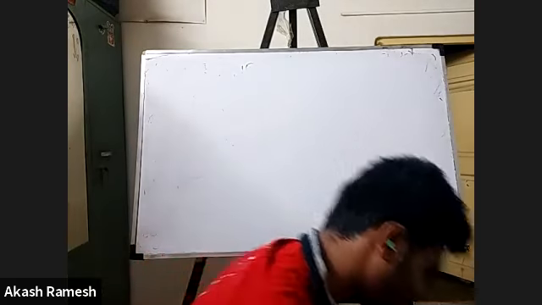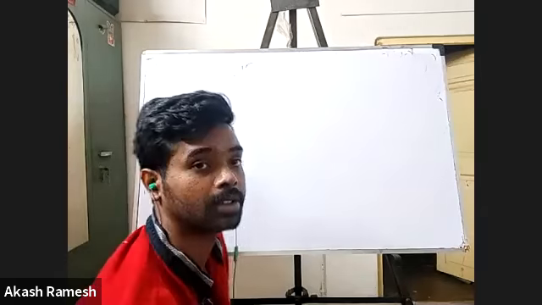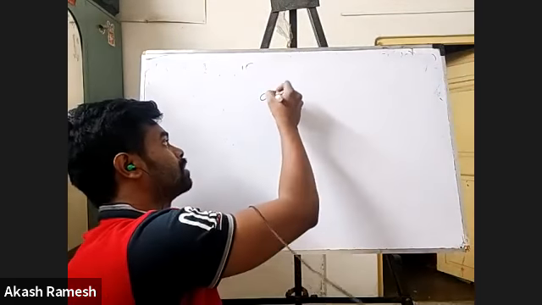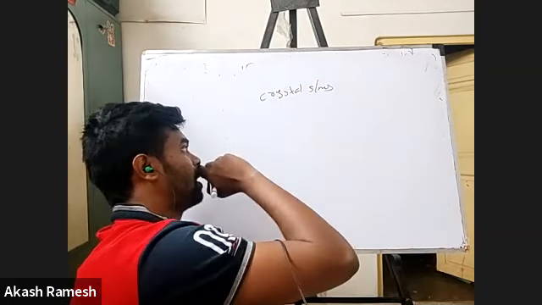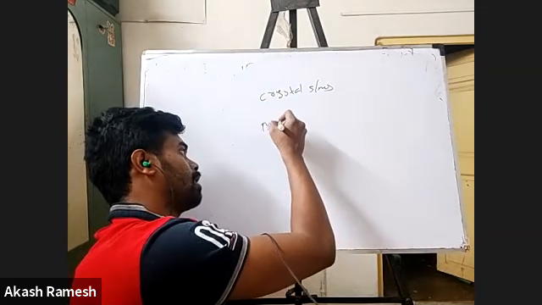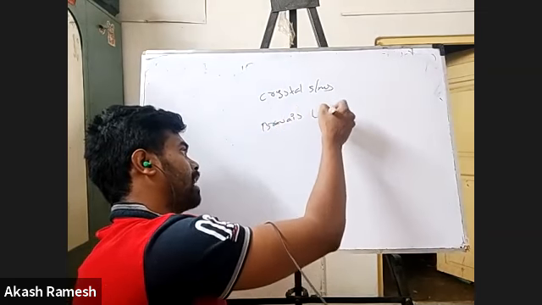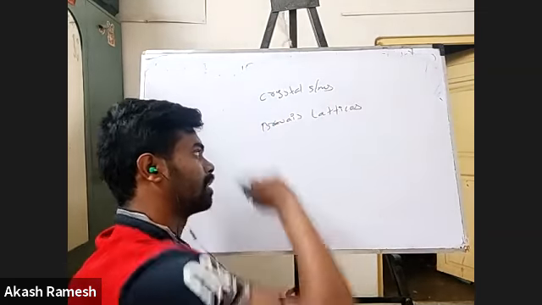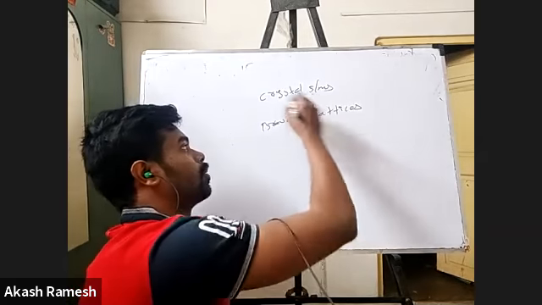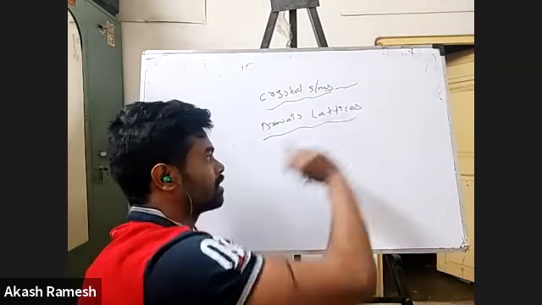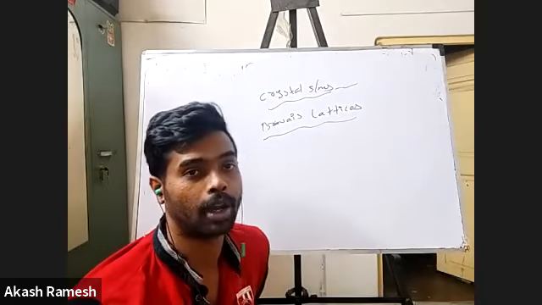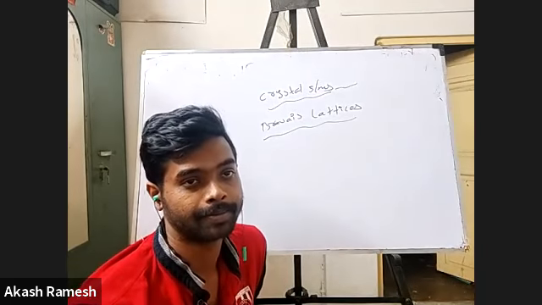Okay, first question to you is, there is something called crystal systems, and I have something called Bravais lattices. Right. So the question is, what are these? How many of these are there, and what are these? I want you to tell me.